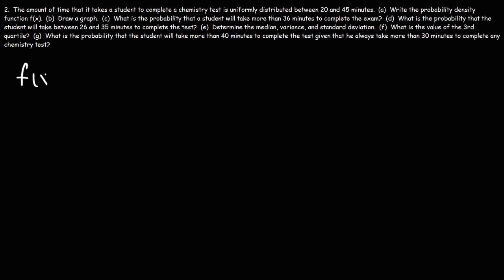So the probability density function, or the PDF, is going to be 1 over b minus a. So now, what are the values of a and b in this example? Well, we could see that x is between 20 and 45.